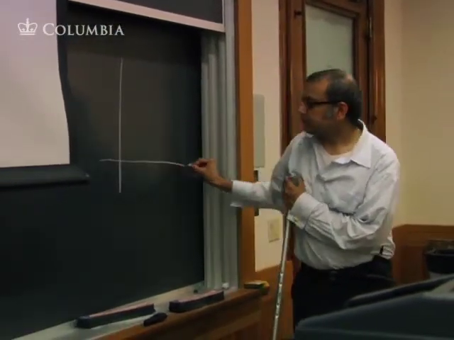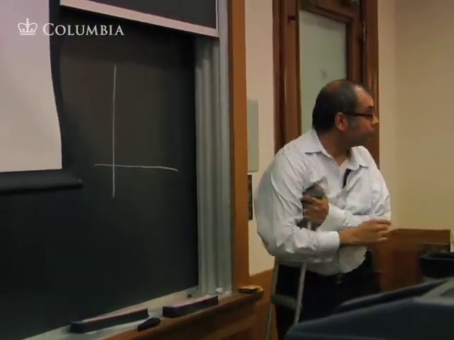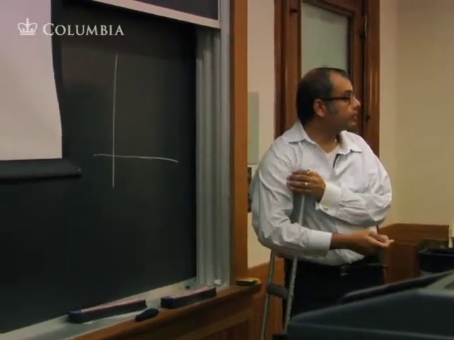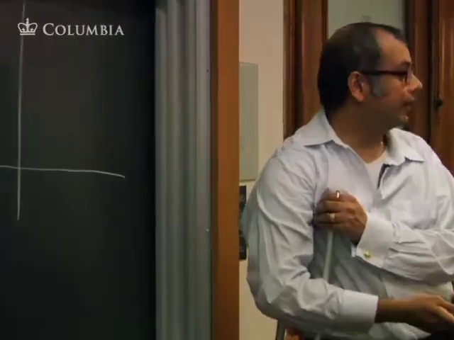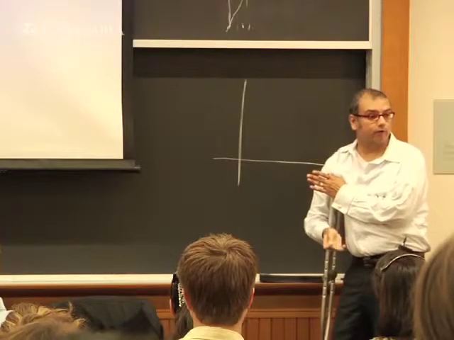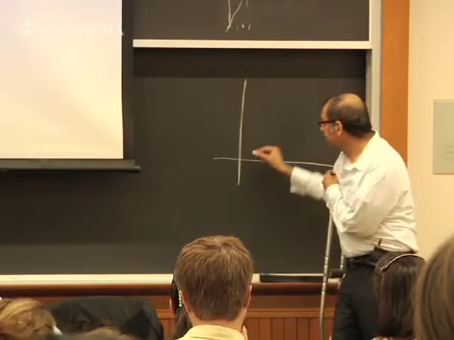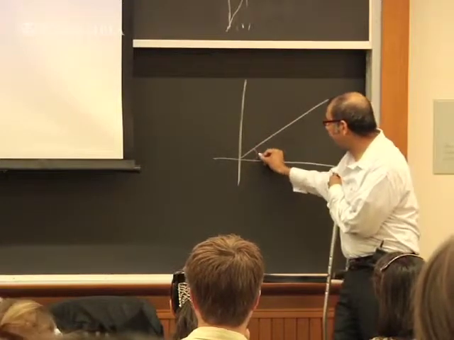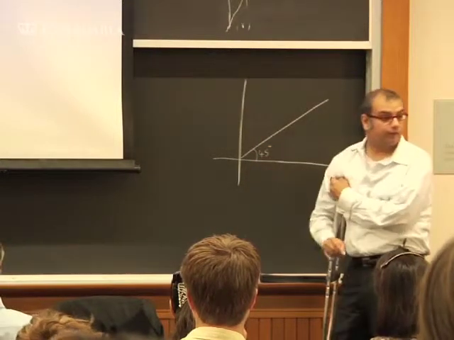The slope is the rise over the run. Suppose that the rise is equal to the run. The slope would then be 1 over 1, which is 1, and that would have a 45-degree angle.